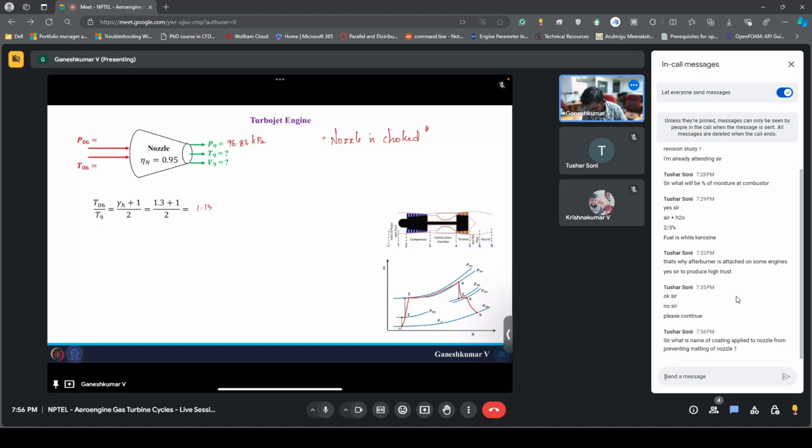We just found it out, the same as T05, 981.6 Kelvin, and the pressure P06 would be 183.63 kilopascal.